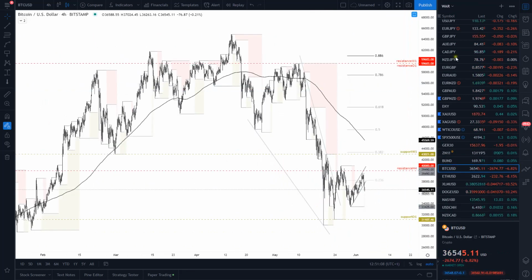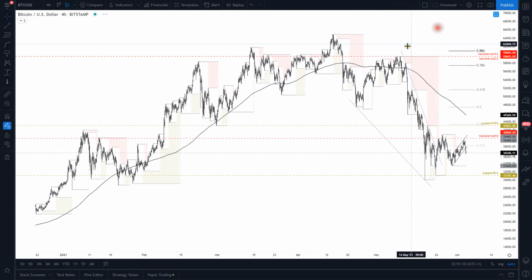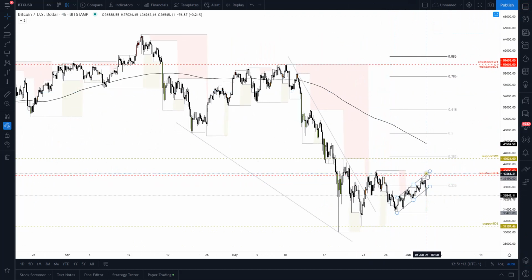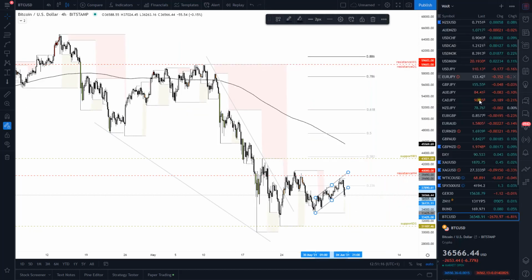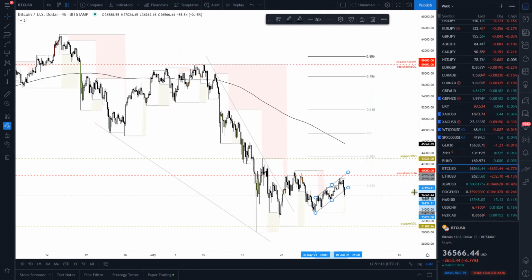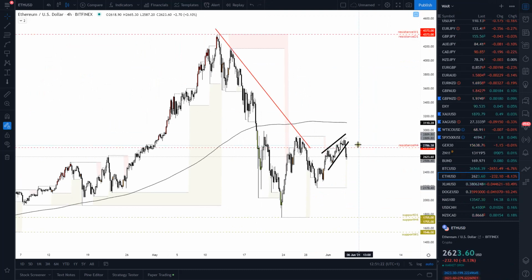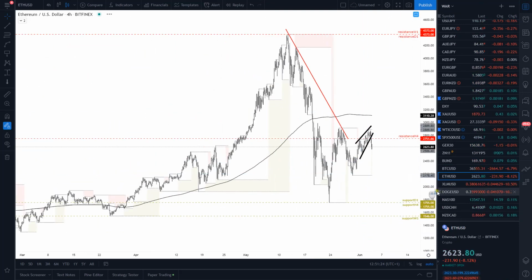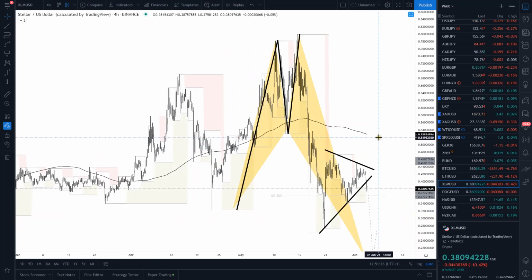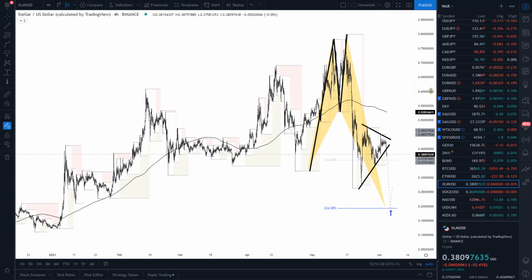Bitcoin, what to say for the Bitcoin? Another flag here, more bearish, expecting. So I'm expecting more bearish for actually all the crypto markets, suggesting more downside.